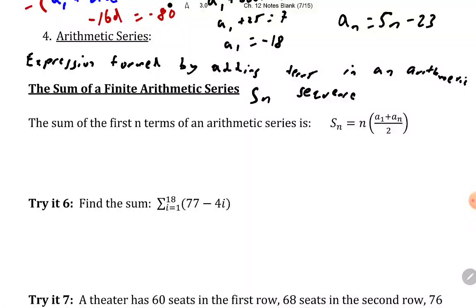The sum of a finite arithmetic sequence, or series, is this.